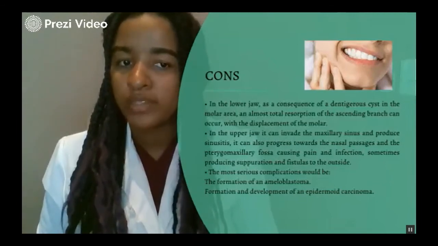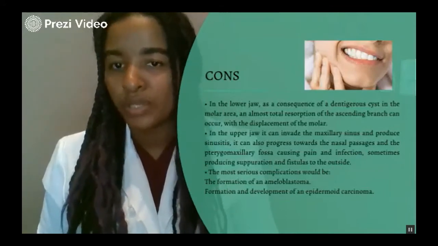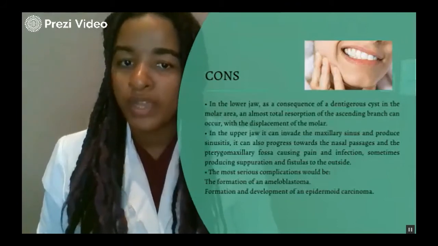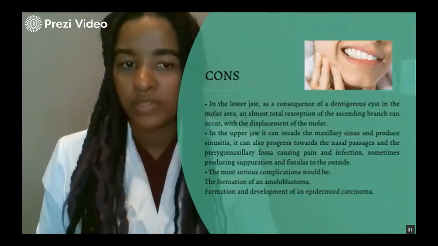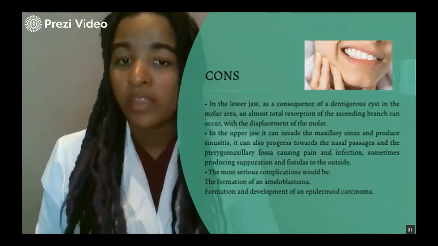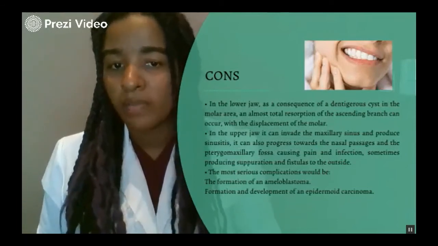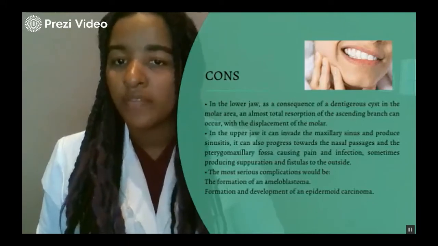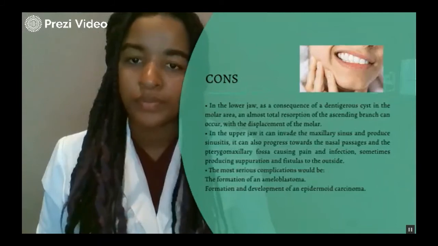It can also progress towards the nasal passage and the pterygomaxillary fossa, causing pain and infection, sometimes producing suppuration and fistulas. The most serious complications will be the formation of an ameloblastoma and the development of an epidermoid carcinoma.